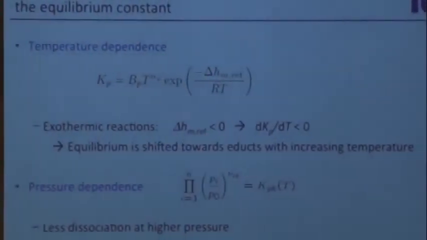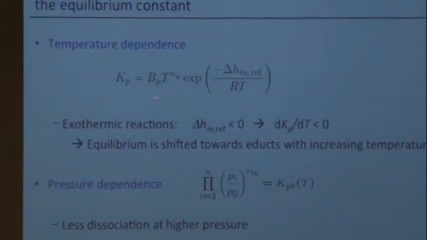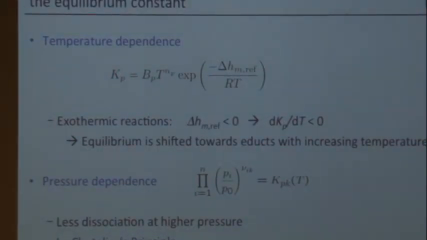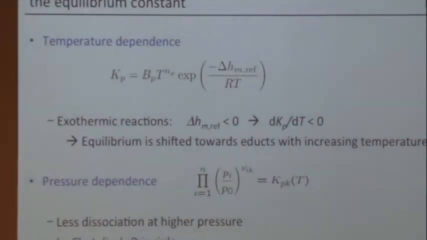So for this reaction, 2H2 plus O2 goes to products, a reaction that has heat release, delta H is negative, okay? And now if you take the derivative of this, dK/dT, to see how K changes if I change T, for negative delta H, this will be negative also, okay?